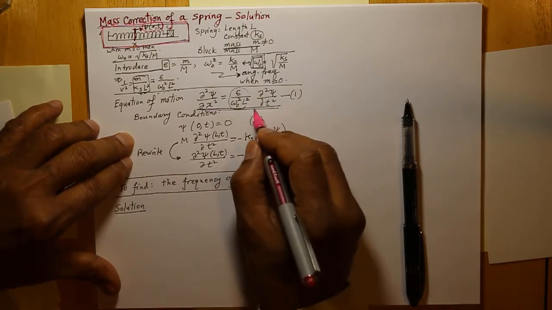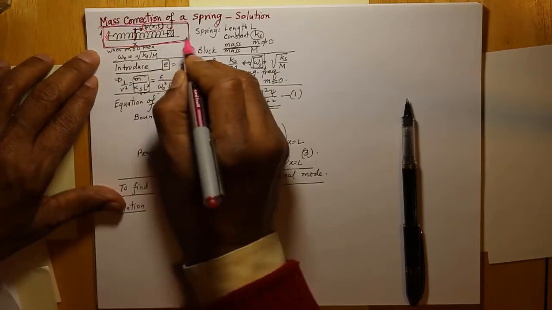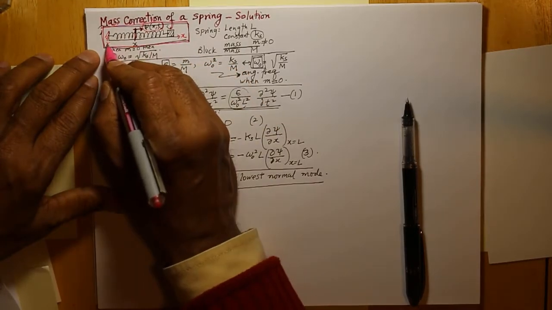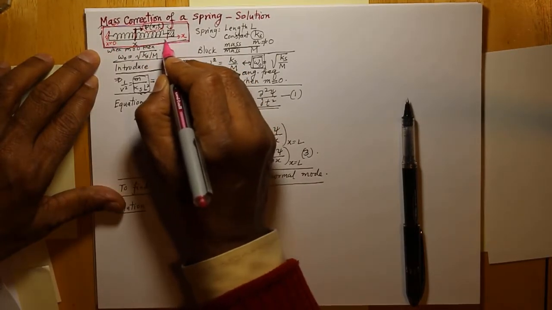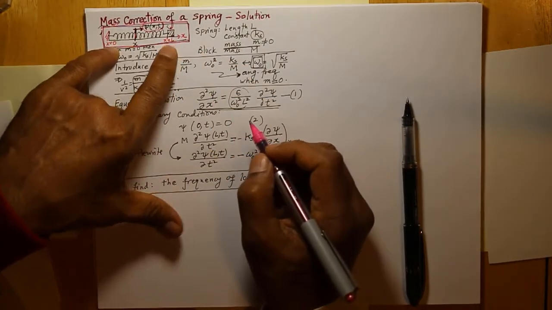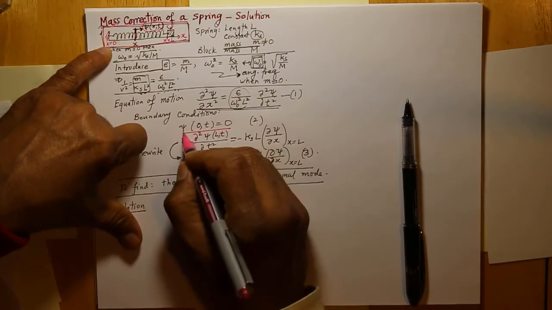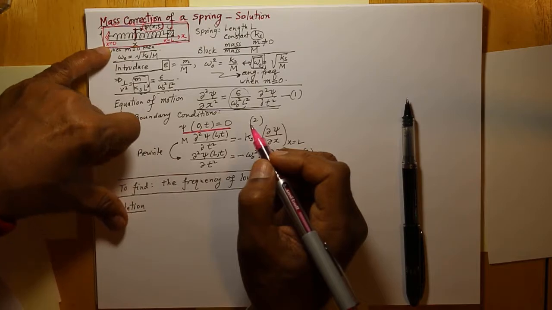Okay, now in this system, this is the x-axis, x equal to 0 lies here, and x equal to L is where the block is. So there are the boundary conditions. At x equal to 0, there is no displacement, so that's the fixed boundary condition.